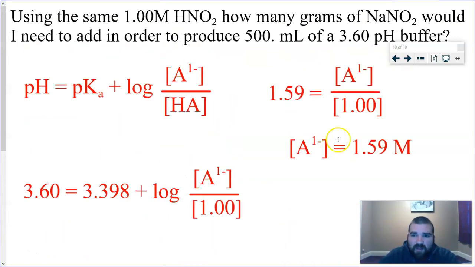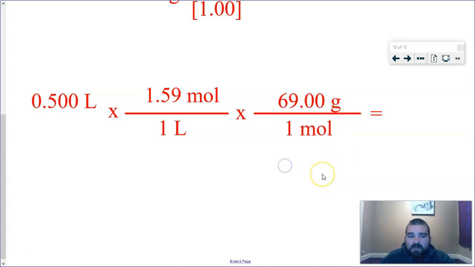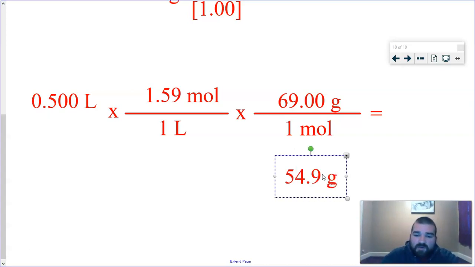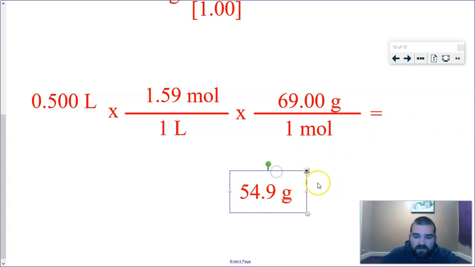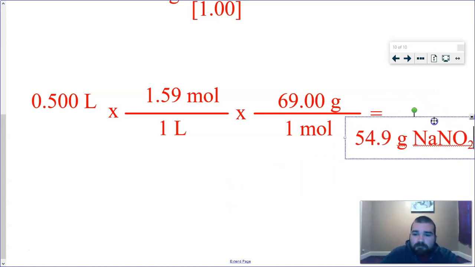The molar mass of sodium nitrite is 69.00, so we will multiply by the molar mass. If I punch all that in, 0.5 multiplied by 1.59 multiplied by 69.00 equals 54.9 grams of NaNO2. And that's our final answer.